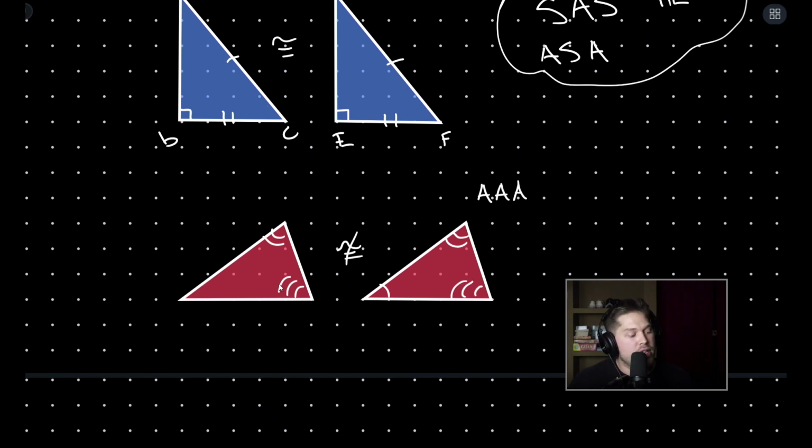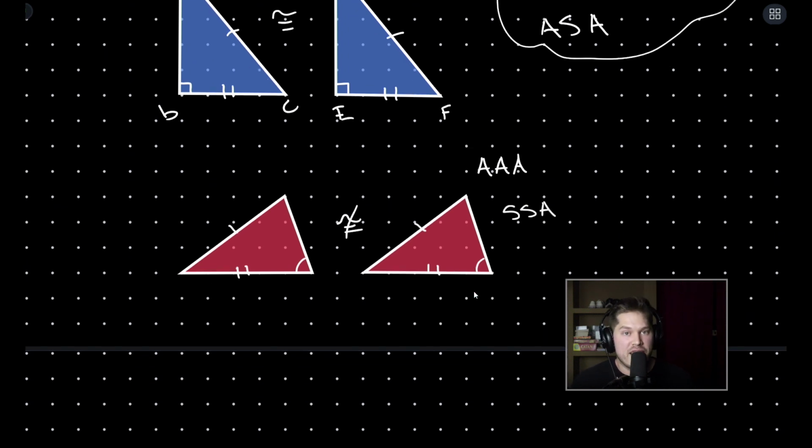Something else that does not imply congruency is if we have a side, another side, and then an angle. Side side angle does not imply congruency. This one's easy to remember because backwards it's a foul word, right?